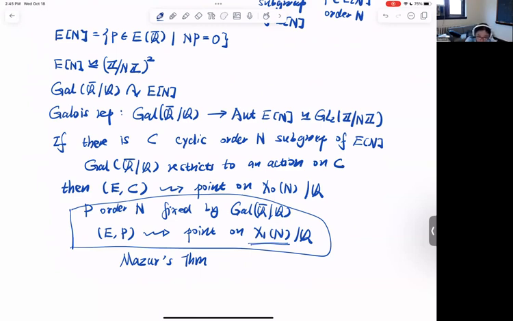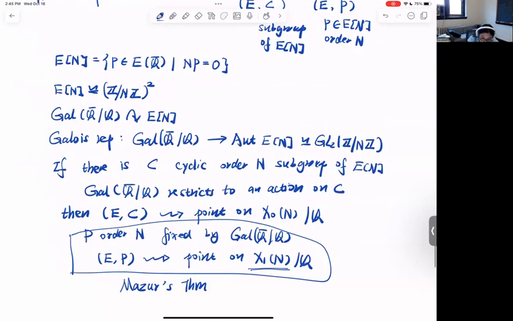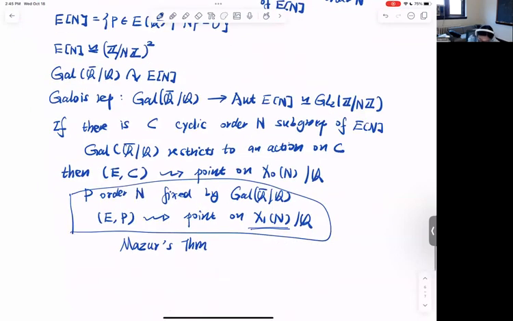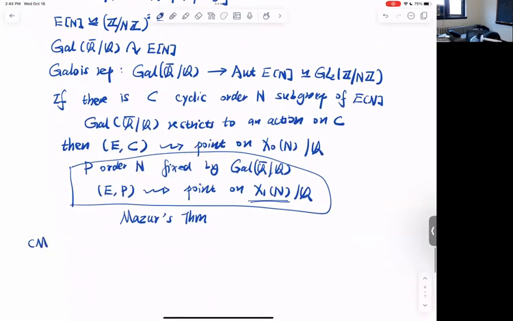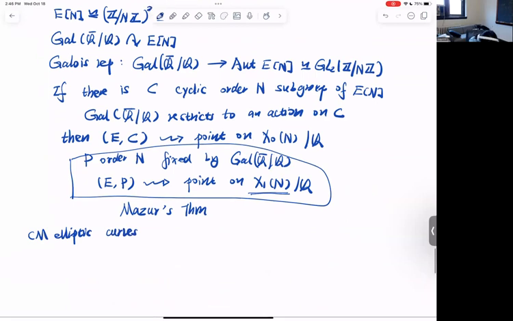Okay, so now, what does a CM point give us? What's special is that we have an endomorphism alpha.